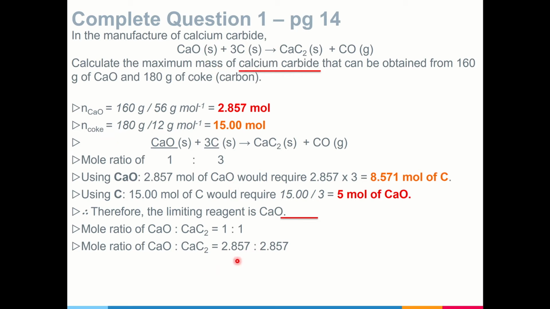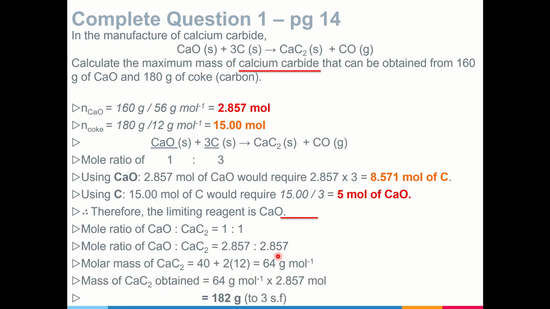To calculate the mass, I'll need the molar mass first. 40 plus 2 times 12, I get 64 grams per mole. I have 2.857 moles, so I multiply them together, and to 3 significant figures it is 182 grams. So the maximum mass of calcium carbide is 182 grams.